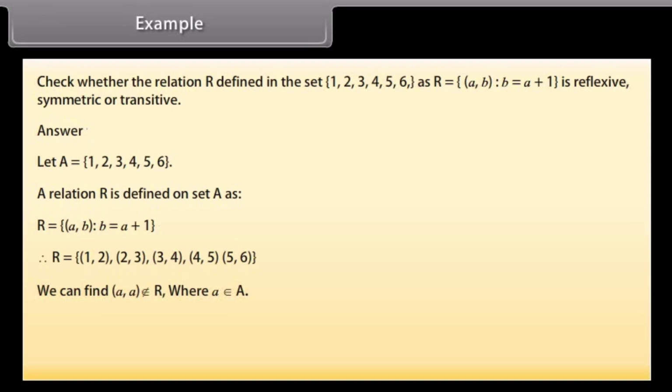We can find (a, a) does not belong to R where a belongs to A. For instance, (1, 1), (2, 2), (3, 3), (4, 4), (5, 5), (6, 6) does not belong to R.